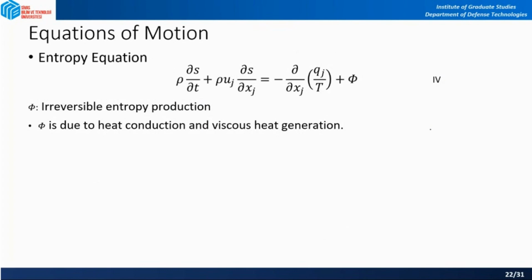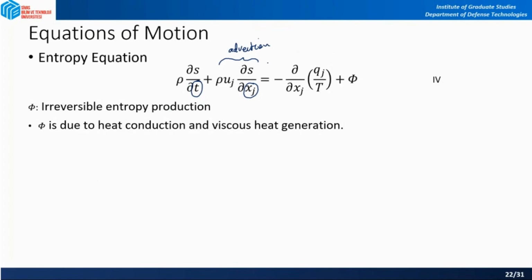Similar to the temperature and density and pressure, the entropy is also a scalar. And the entropy equation is written here. So the first term is the generation of entropy through time. This is the convection of entropy in space, and we call it advection.